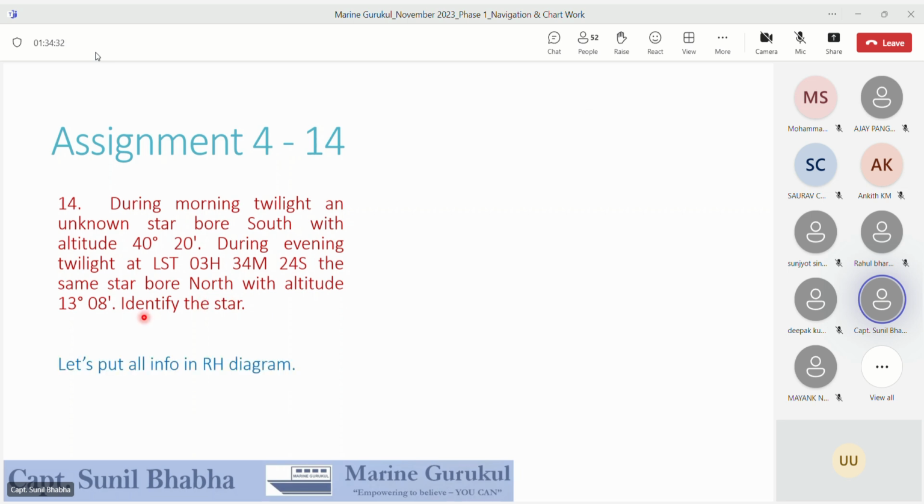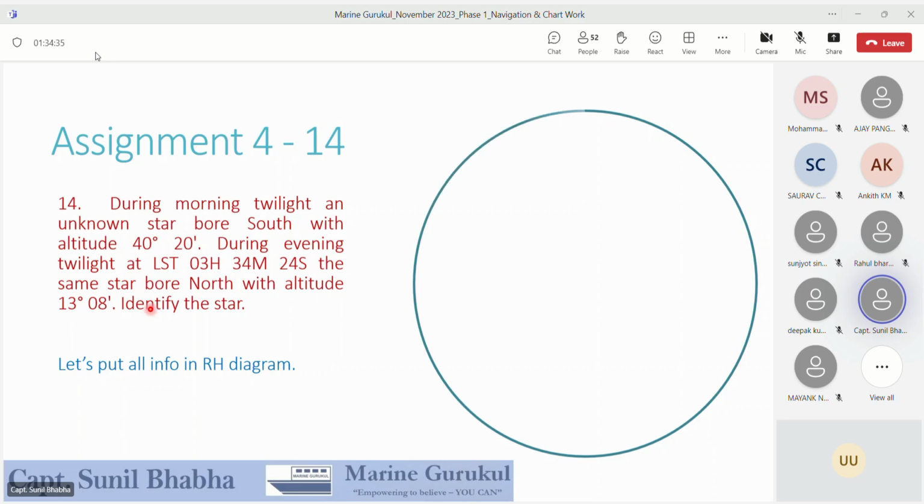We will first make the rational horizon diagram. You make a circle and you show these 4 points representing the directions: north, east, south, and west. NESW, these 4 points are shown. Now at the center of this circle, we have the zenith.